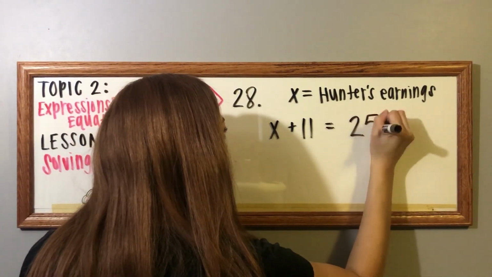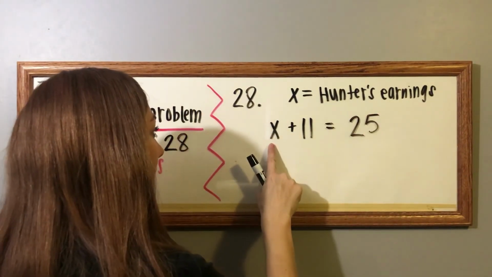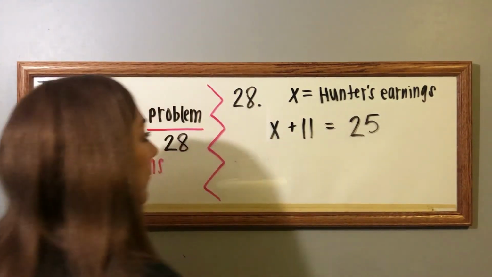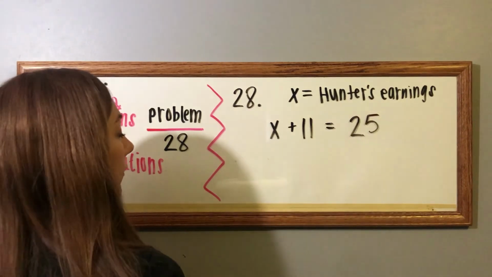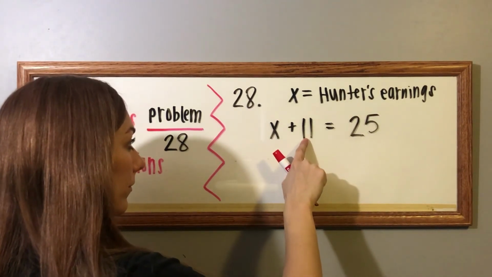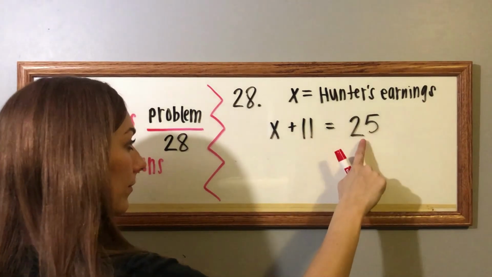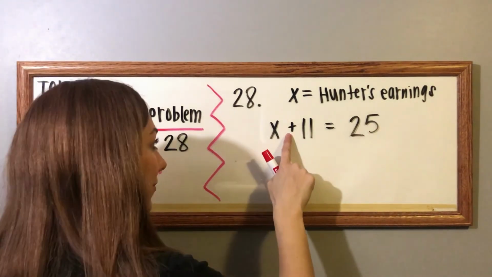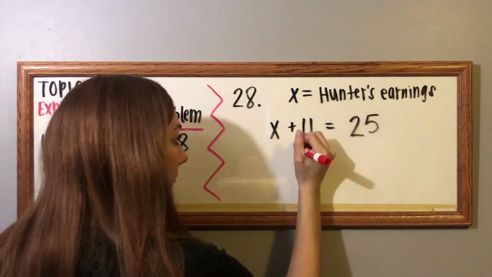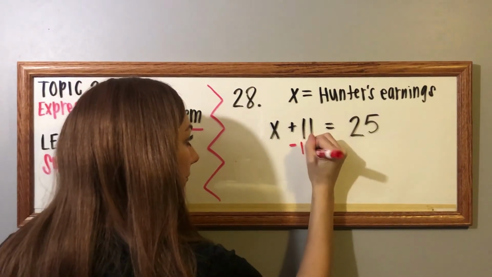So I can come up with this expression, x plus 11 equals 25, because x is what Hunter makes, and then we add the 11 extra dollars that the problem told us, and we know that's 25. So in order for us to solve this, my operation is addition. To isolate my variable, I'm going to do the opposite, which is subtract 11 from this side.